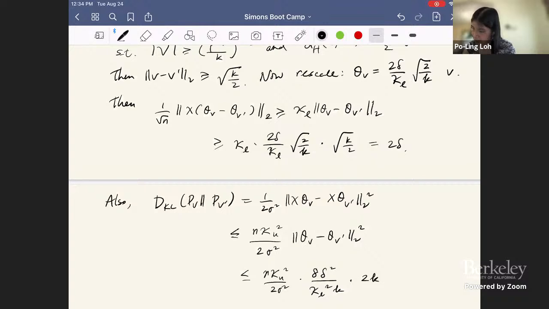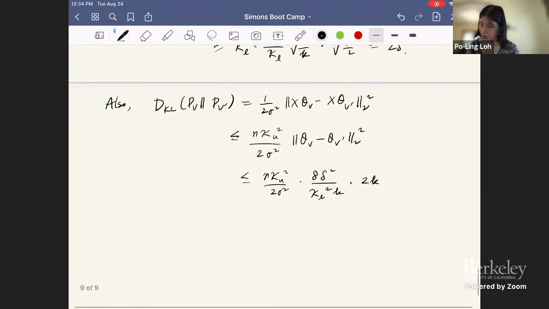Why is that? Well, let's assume that I did everything correctly, but the square of this guy is in here. And then I think this comes from the fact that everything is K sparse. Yes, okay, so this is just the square of this guy right here. And then everything is K sparse, so there are at most 2K places in which they differ. Okay, and so this is my upper bound on pairwise KL divergences.